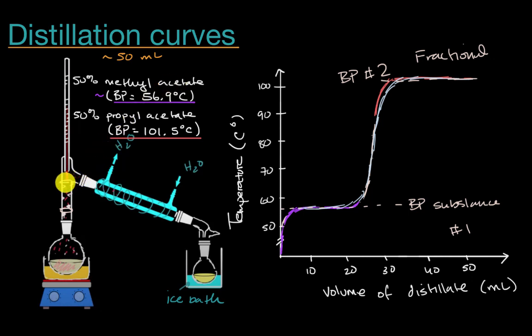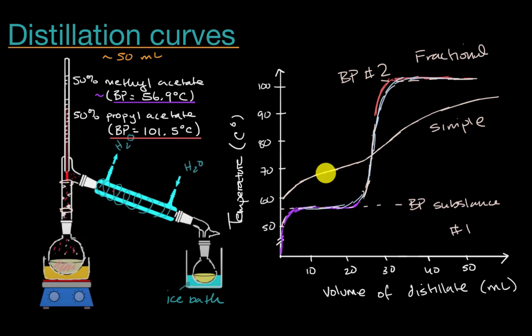It's going to be a combination of the two. It still will be disproportionately methyl acetate, but the boiling point of that combination of mixtures is going to be higher. So what happens is that you start getting significant distillate at a higher temperature, and the whole notion is just a little bit more gradual when you are doing simple distillation versus fractional.